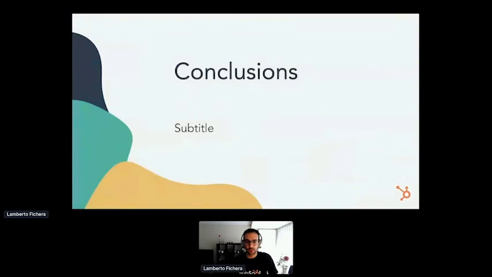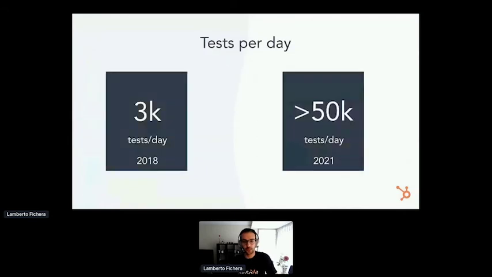And just jumping into the conclusions, basically just to share some numbers. In these 2.5 years of the team being at HubSpot, we've gone from about 3,000 tests per day to over 50,000 tests per day running across all of the apps and all of the teams.